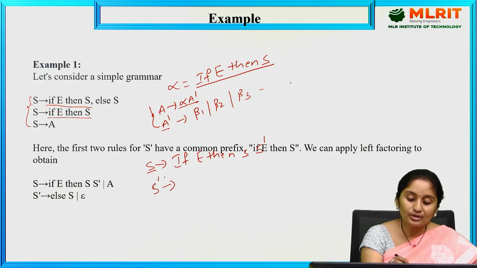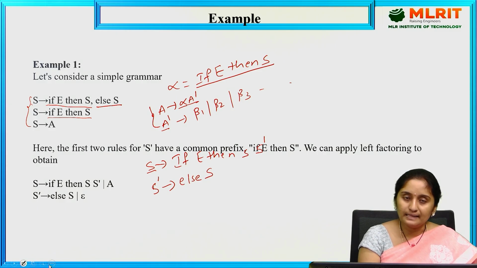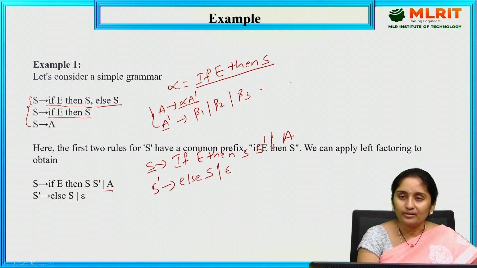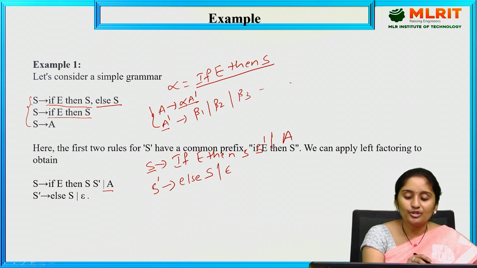This is the new production rule for the existing grammar.